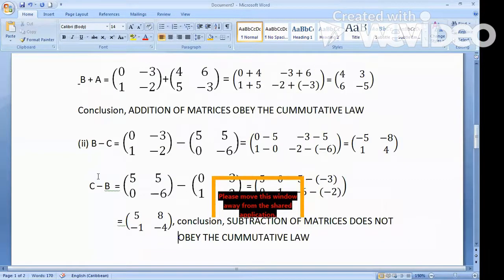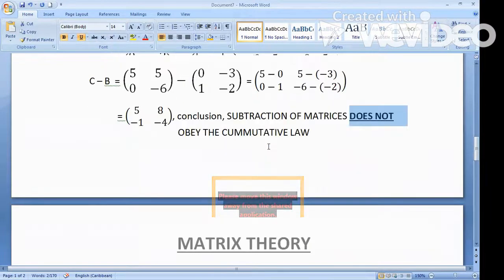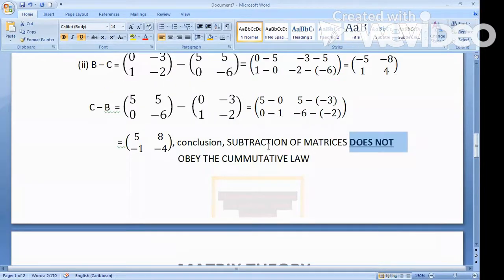So subtraction of matrices, what? Does not obey the commutative law. All right, are we good? Any questions? All right. None so far.